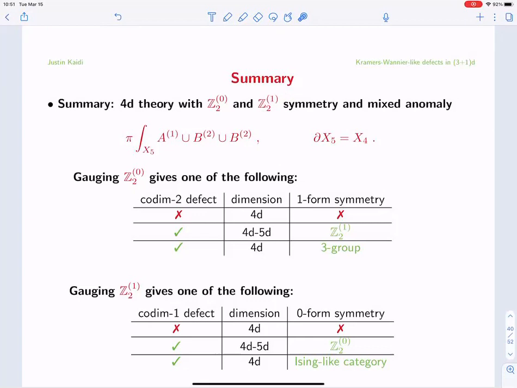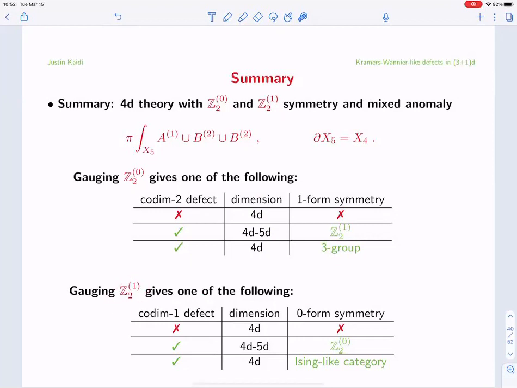You could either have a 4D theory without a codimension 2 defect, and hence no 1-form symmetry. You could have a coupled 4D-5D system, which has a codimension 2 defect, which generates a 1-form symmetry. Or you could have a 4D system with a codimension 2 defect, and now the codimension 2 defect generates a 3-group, or is part of a 3-group.